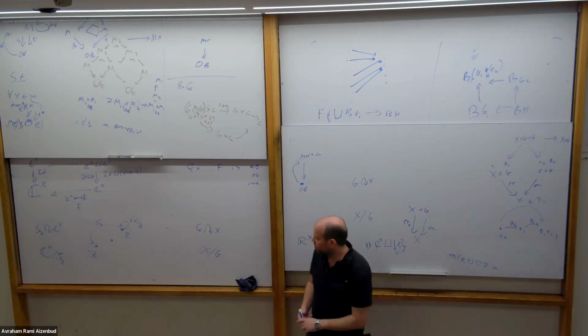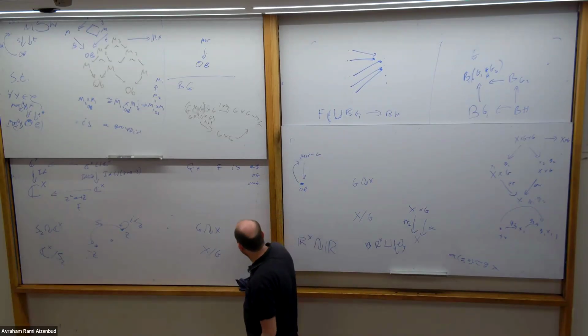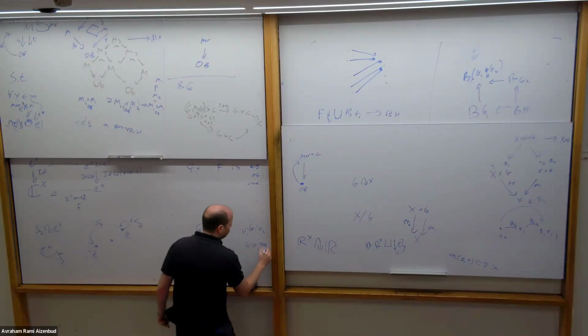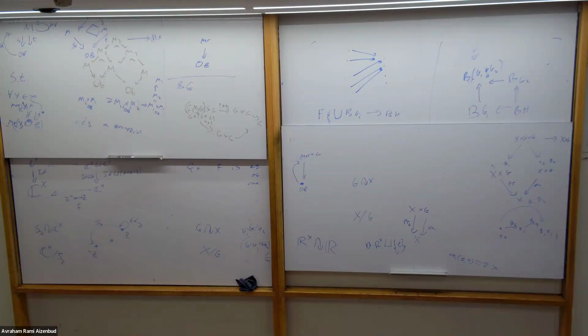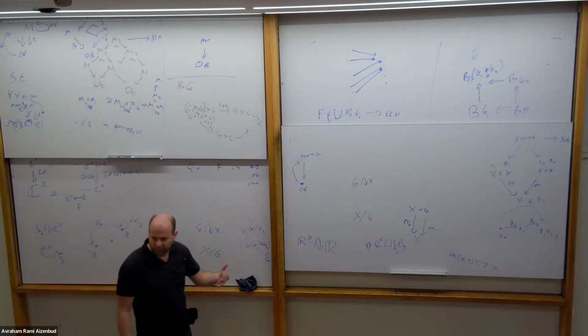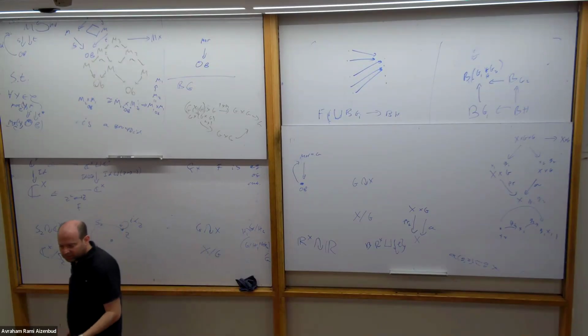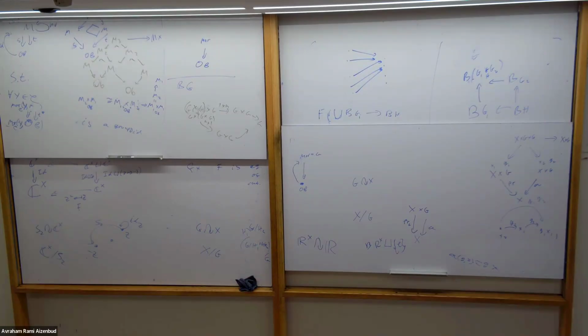Because if you look at all the examples that we had before, like H1(G), H2(G) and all its friends, for a topological group, we said that we have a natural map only in one direction, and in the other direction we don't have a natural map.